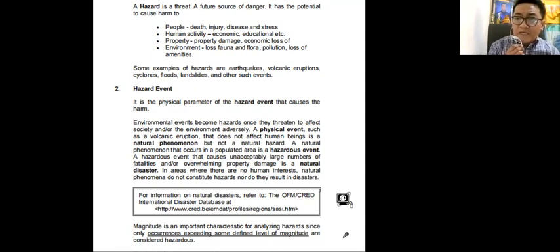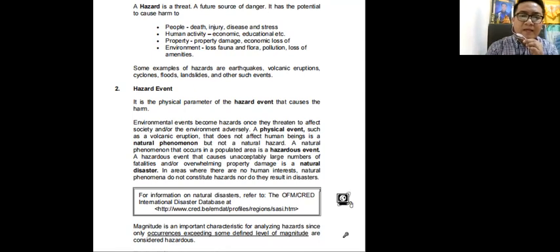So titingnan po natin yung ibig sabihin ng hazard sa tatlong reference natin, Burton et al. 1978, the Standard Australia 2000, at ng ADPC, ay halos iisa yung tugon nila about the meaning of hazard.